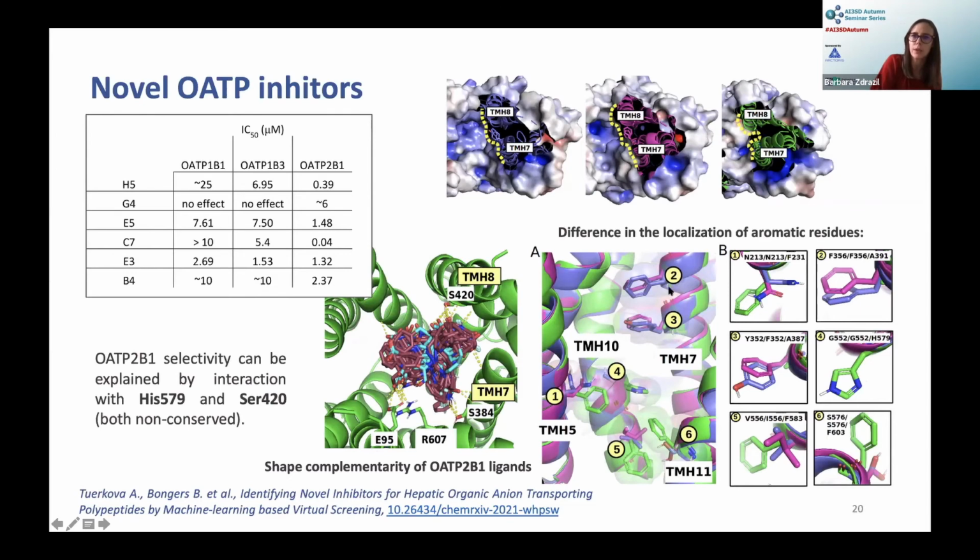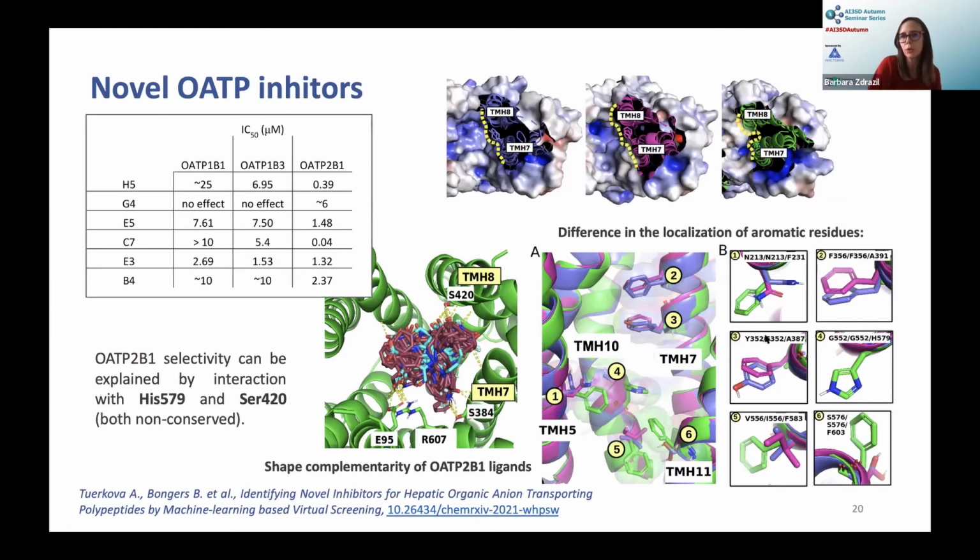So they're sitting more in this more N-terminal region. Whereas it's the other way around for OATP-1B1 and 1B3, where there are aromats more in this upper part, so ligands tend to bind below this residue here, this tyrosine 352. And this is also what we saw previously when we clustered the poses after docking all the compounds, right? That it seems that for OATP-2B1, the binding site is shifted a little bit more towards the N-terminal domain.